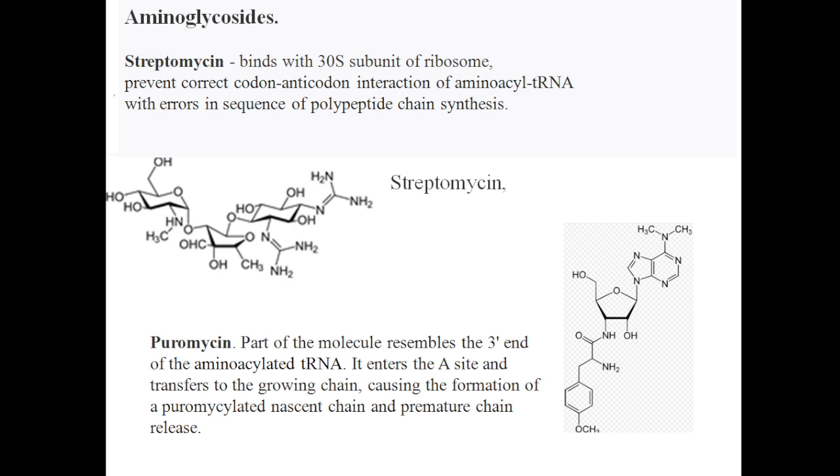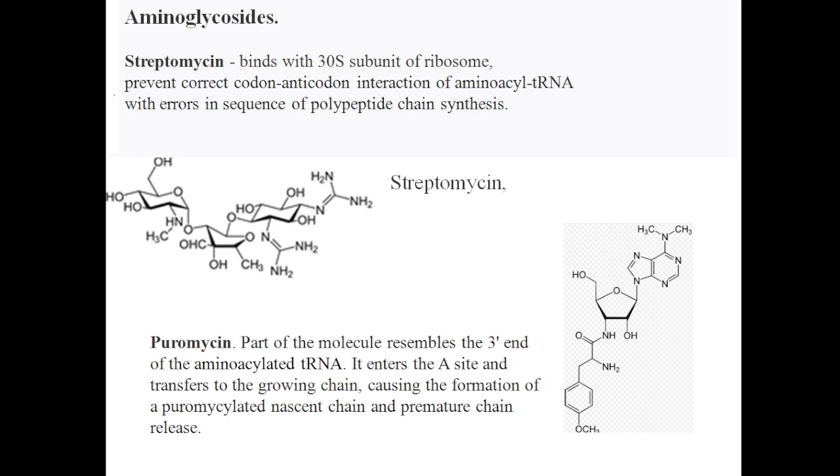It reflects a serious situation in the life of the prokaryotic world, and you can see there, for example, that interaction with the 30S subunit of the ribosome leads to destroying of correct codon-anticodon interaction of aminoacyl tRNAs, and growth and synthesis.